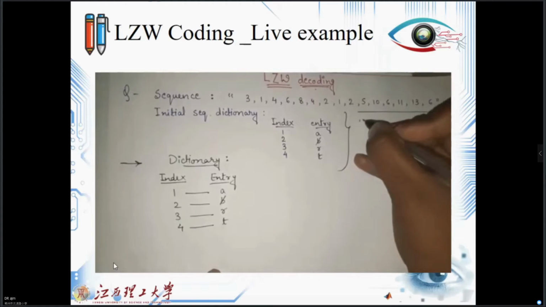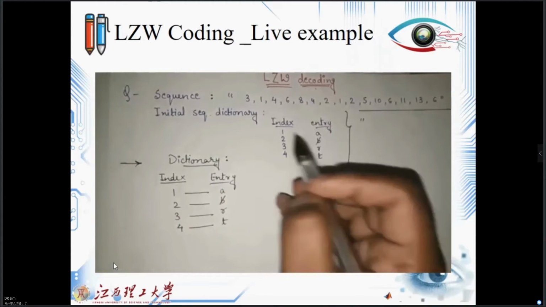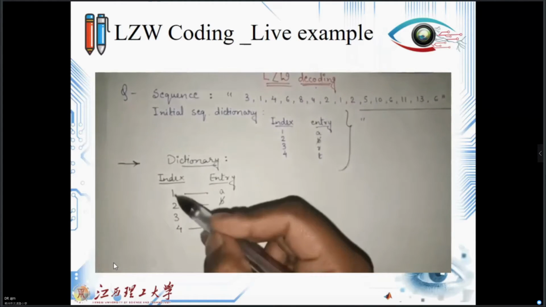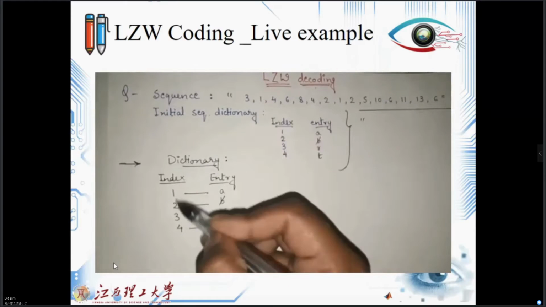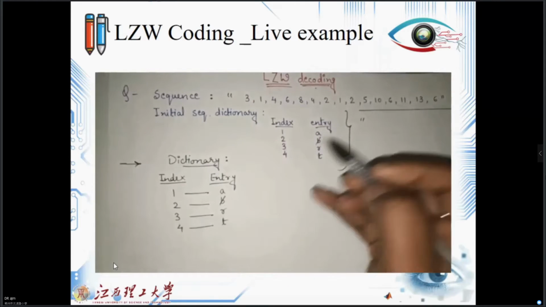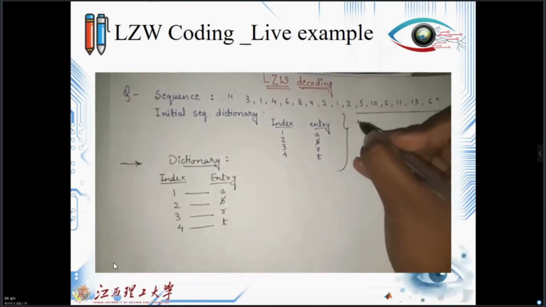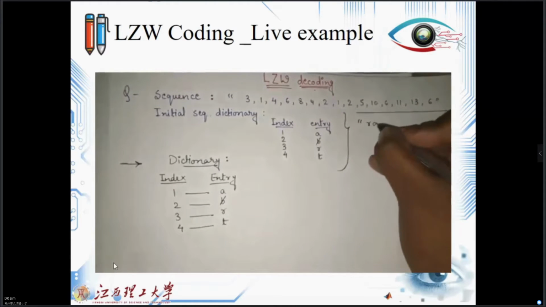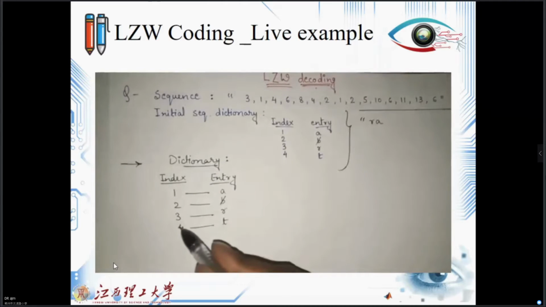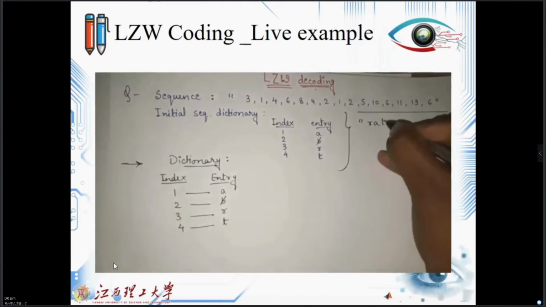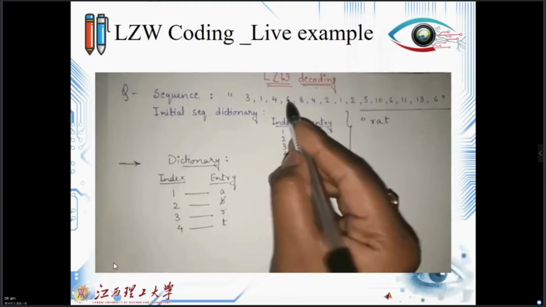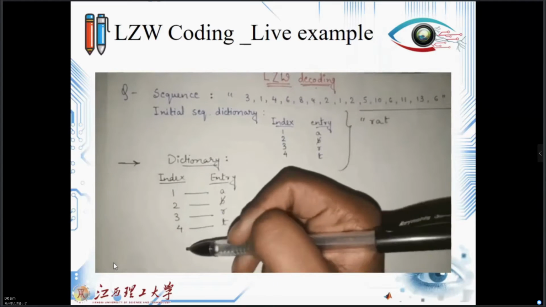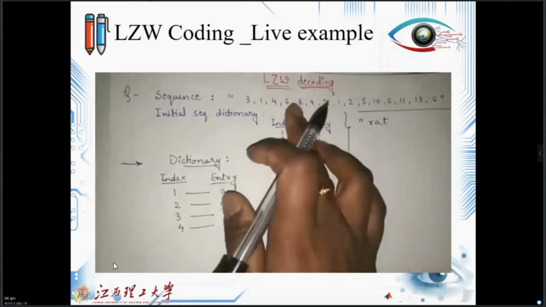If we want to write the sequence, first is 3. We have the index, yes, that was R. That is 1. 1 is equal to A. We will do 4. 4 is equal to T. 6 is not there. We can add. What we should do?